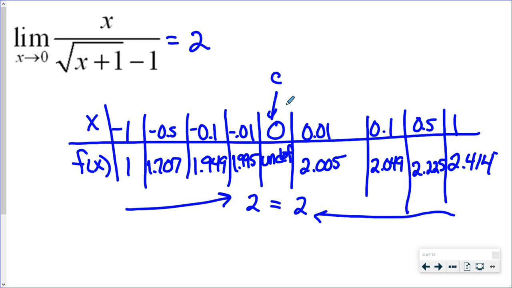That's why I went to what is to the right of 0 on the number line and what is to the left of 0, because we had to approach it from both sides. Make sense? As my x approaches 0, that number is always going to be the one in my notation. See how it says the limit as x approaches 0? That's what I'm trying to approach, and that's how I decide what goes in the middle. Fair enough?